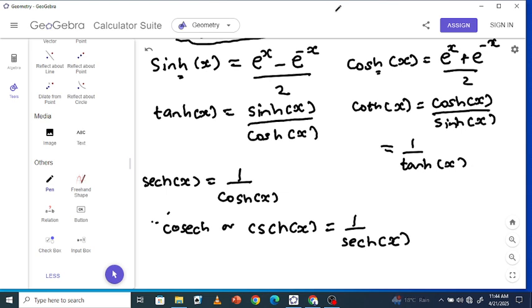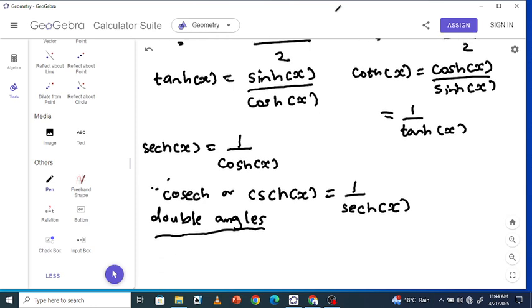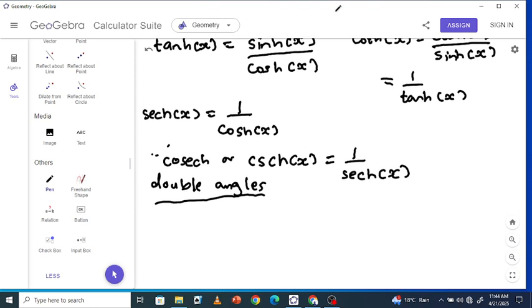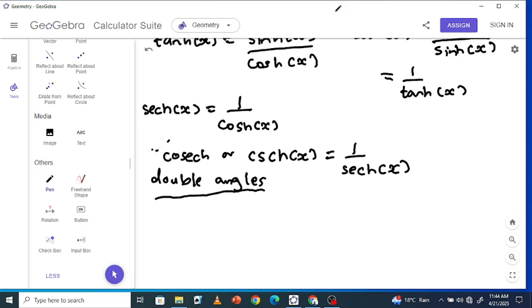And then we have the double angle identities, also quite similar to the other trigonometric identities. Our first double angle will be cosh 2x is equal to 2 cosh squared x minus 1.